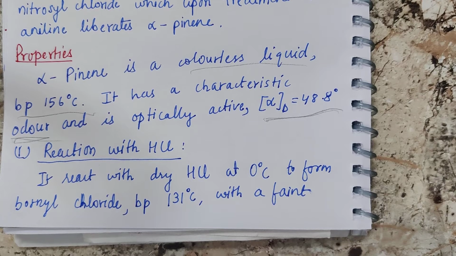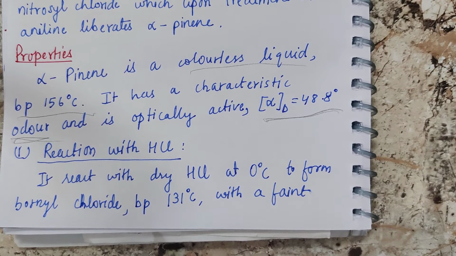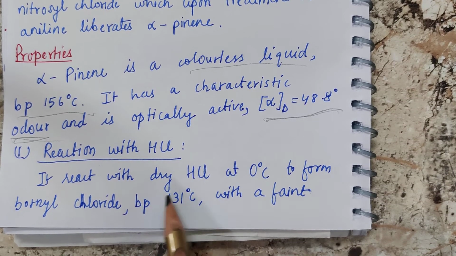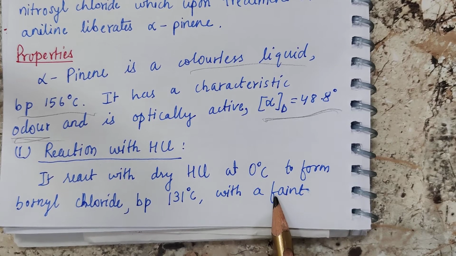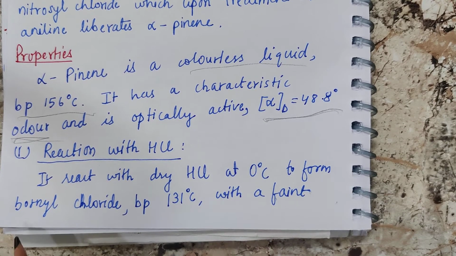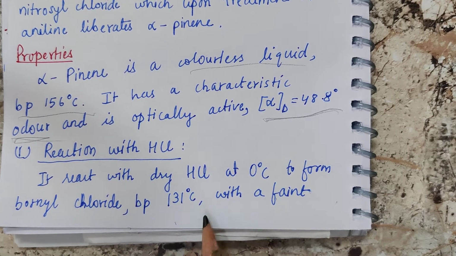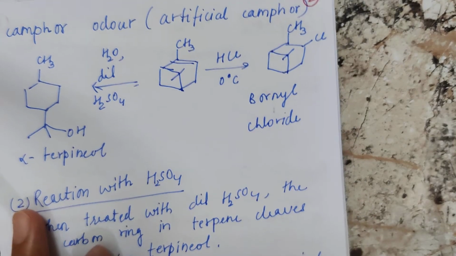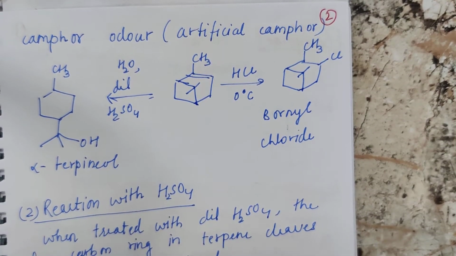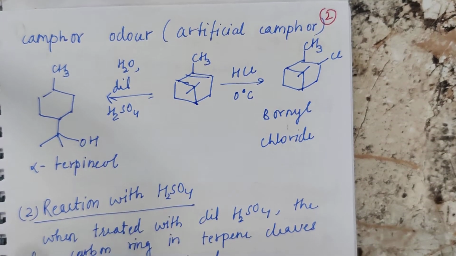Now, if we look at the chemical properties, it reacts with dry HCl at 0 degrees Celsius to form bornyl chloride. Its boiling point is 131 degrees with a faint camphor odor. It has the smell of camphor.